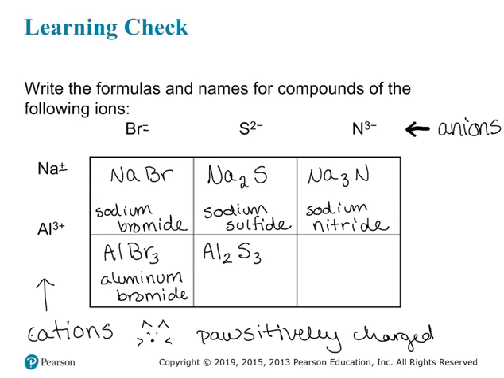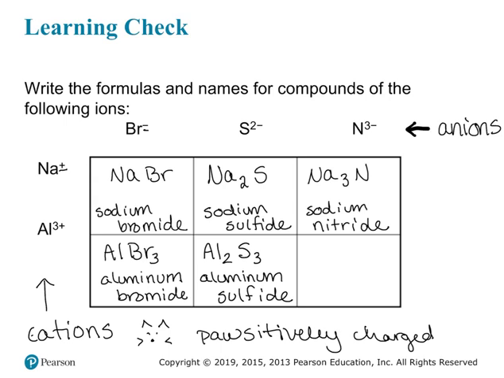Okay, so then how do we name this compound? So again, we have aluminum, and up above we saw that we would name the nonmetal ion sulfide. All right, and then last but not least, what if we pair up aluminum with nitrogen?